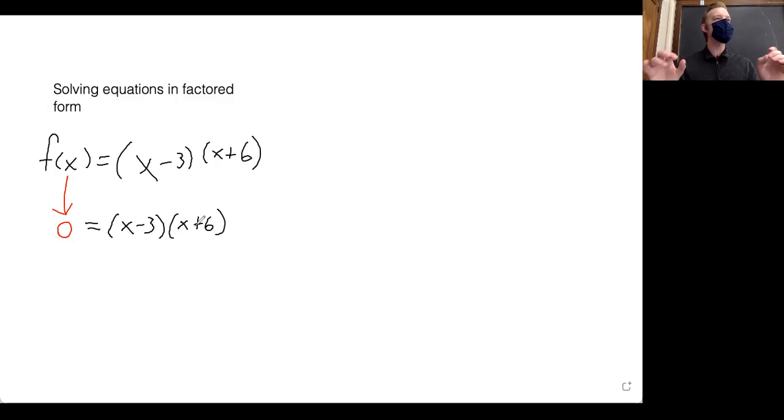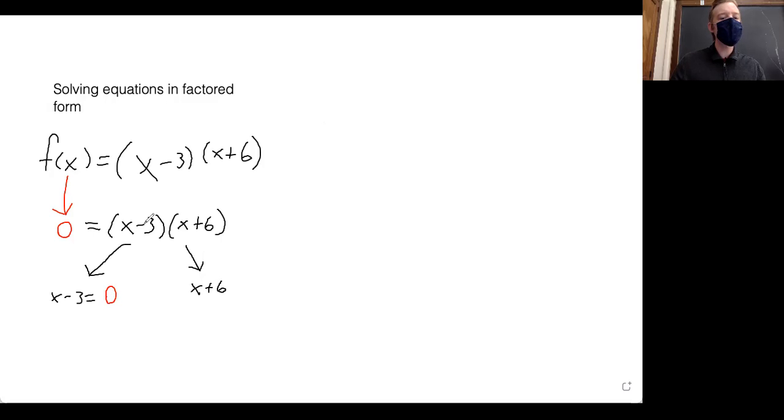So we're going to split this up so that I have one equation with just x minus 3, and that will be equal to 0. And then I'm going to have one equation with x plus 6 and have that equal to 0.